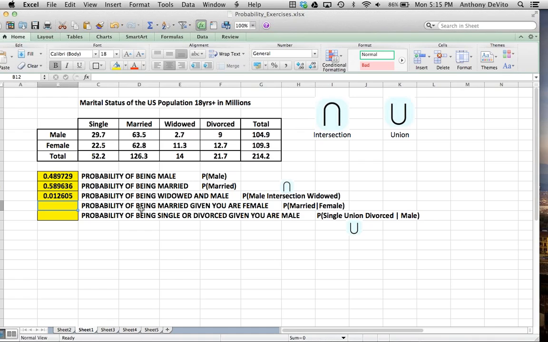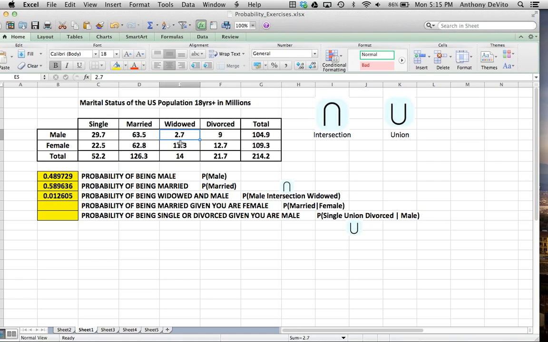Okay, what's the probability of being married given that you're female? Let me back up to the one we just did: probability of being widowed and male. That's the intersection. That means they're both male and widowed.